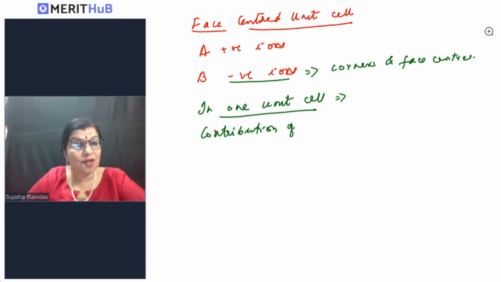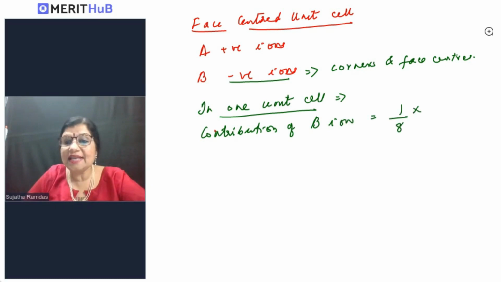Therefore, the positive ions will occupy the voids. There are two types of voids, octahedral voids and tetrahedral voids. Right now we're focusing on the negative ions, the anions, which occupy the lattice positions, namely the corners and the face centers. So in one unit cell, the contribution of a B ion would be 1/8 into 8, because each corner is shared by 8 other unit cells, and that is equal to 1.